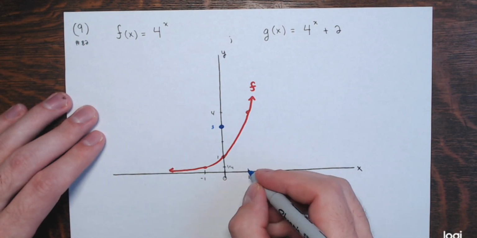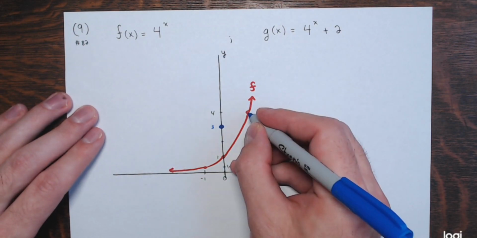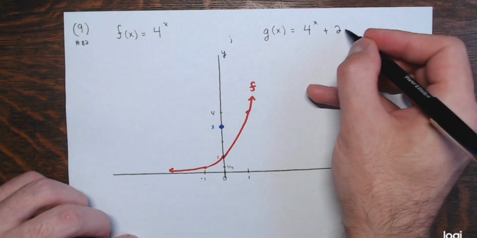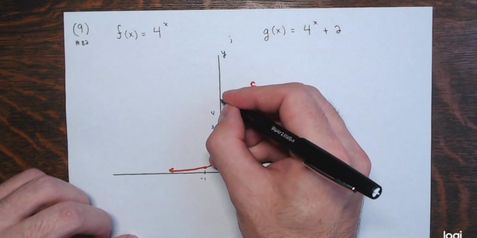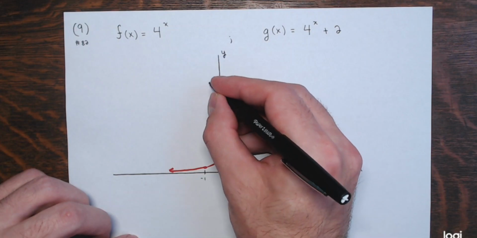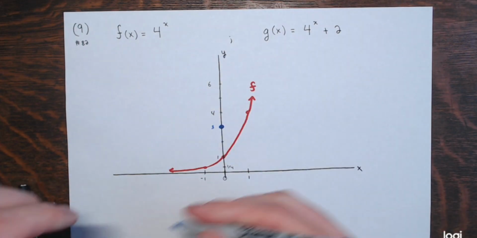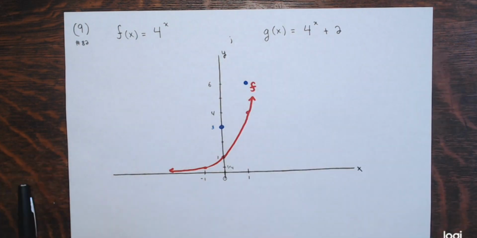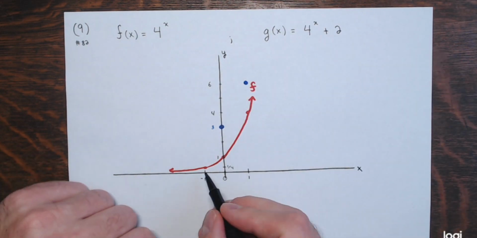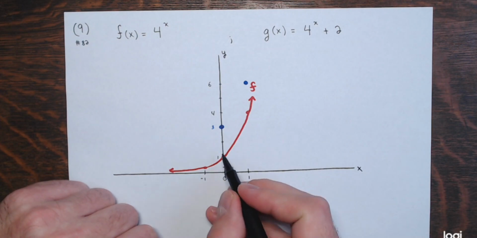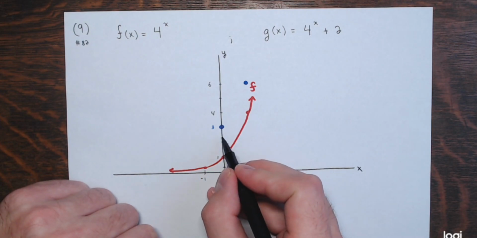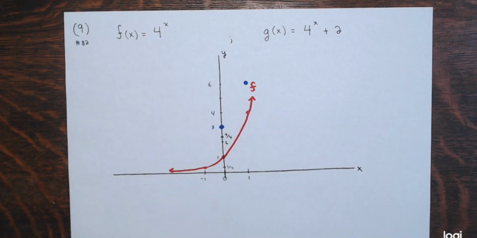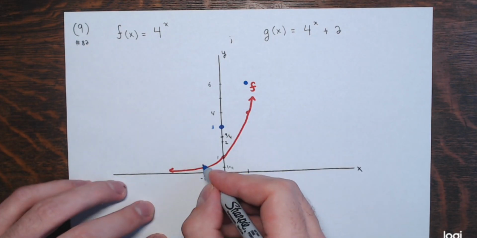And instead of 1, 4, you'd have 1, 6, right? 4 to the first is 4, plus 2 is 6. So instead of 1, 4, now we're at 1, 6, just 2 units above. And instead of negative 1, 1/4, I'm at 2 and 1/4, which would be 9/4. So negative 1, 9/4 right there.